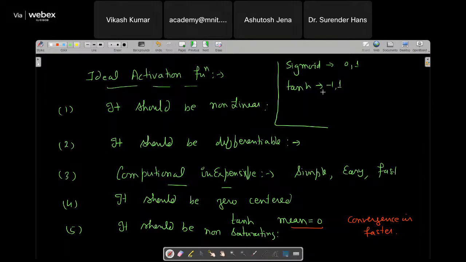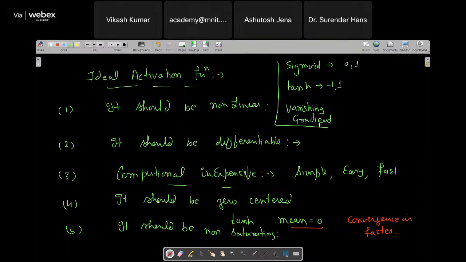The point is, if the activation function saturates on high values of the input, the vanishing gradient problem arises.